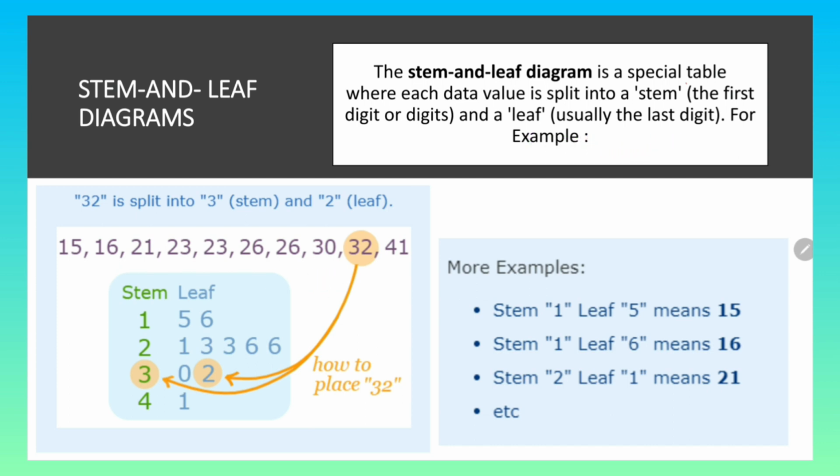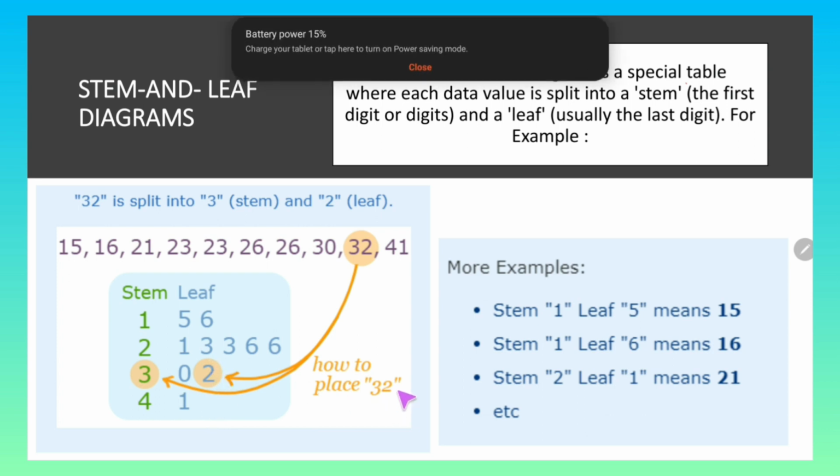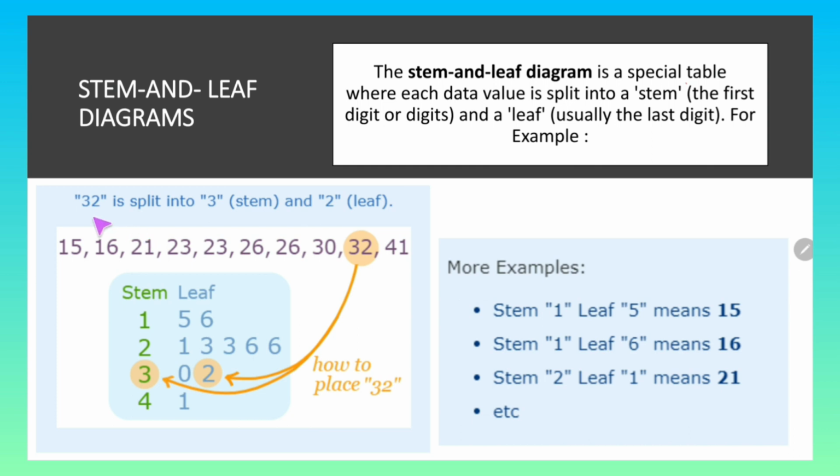For example here, we have two columns. The first column represents stem. The second column represents leaf. Let's look at how we can place the number 32. Number 32 is split into 3 and 2: number 3 in the column of stems and number 2 in the column of leaves.